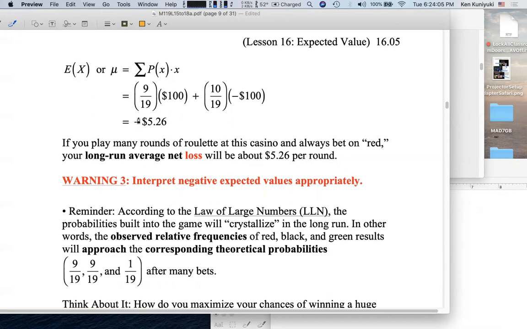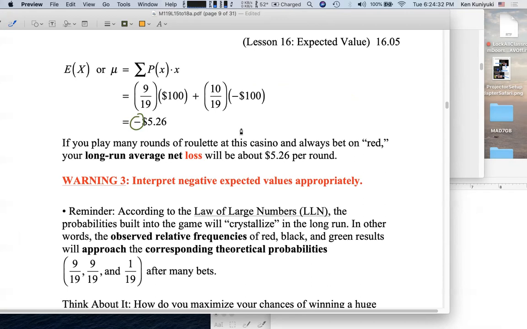Now, it's good to interpret what a negative sign means. So you either want to say that your long run average net gain is negative $5.26, but since we don't like to use negative signs in our interpretations, we like to interpret what the negative sign is. So you should say that your long run average net loss will be about positive $5.26 per round.